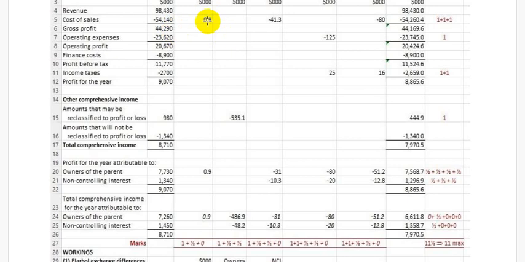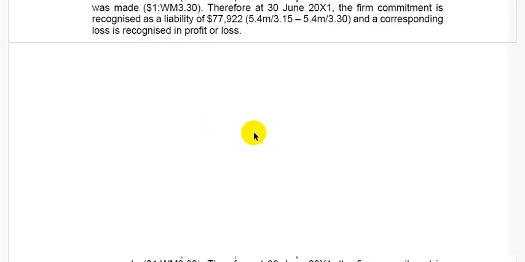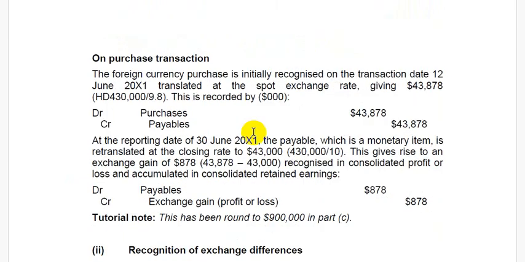This 900 came from where? It was 898 something, then we rounded off. 878 we rounded off.